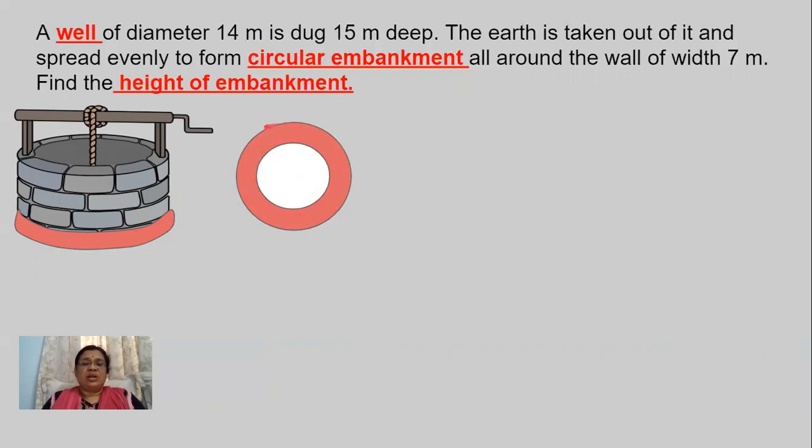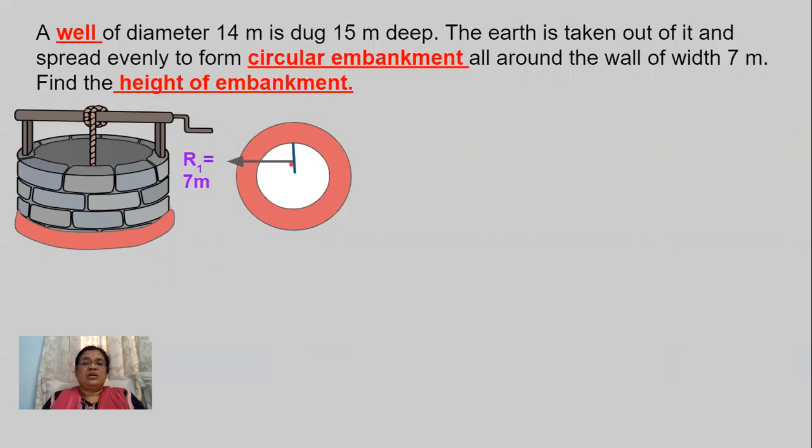This one is the wall, and around the wall, the mud will be in this shape. When you see this shape, it looks like a circular ring, or you can say a hollow cylinder. The inner dimensions and outer dimensions are also given.